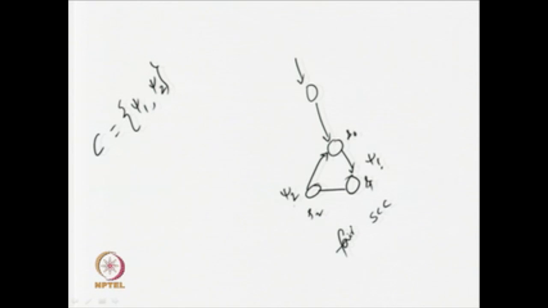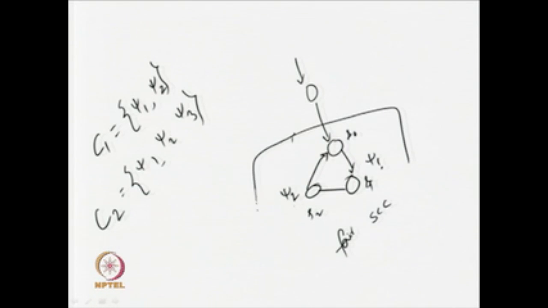But if I talk about a fairness constraint, say C 1 and C 2, with psi 1, psi 2 and psi 3 as the fairness constraints, then in this particular SCC, wherever I go I will find that psi 1 is true, and wherever I go I will find that psi 2 is true. But in none of the states of this strongly connected component is psi 3 true.